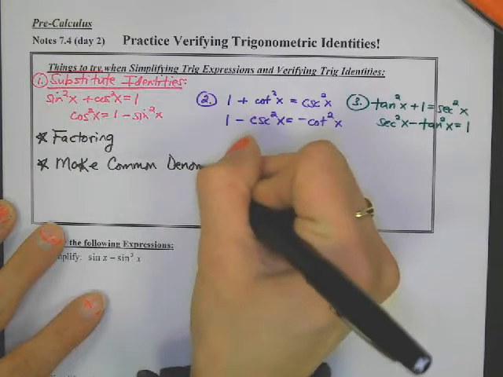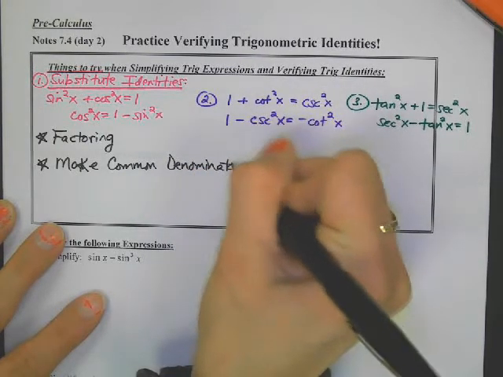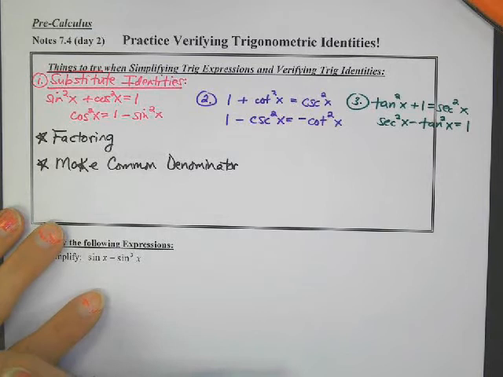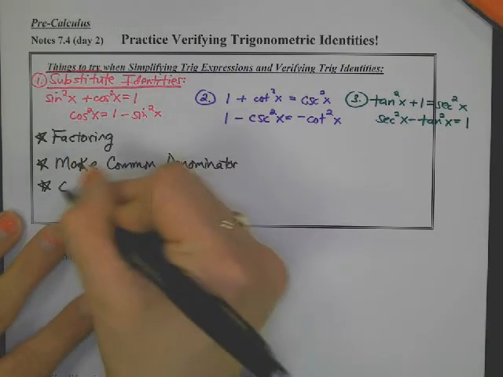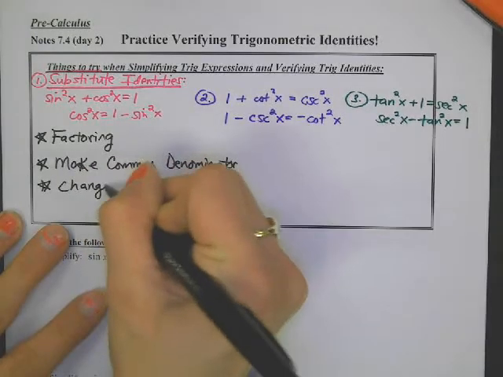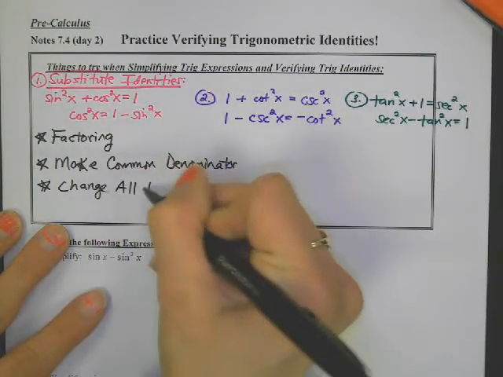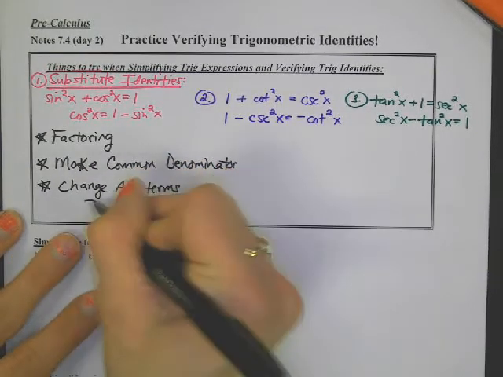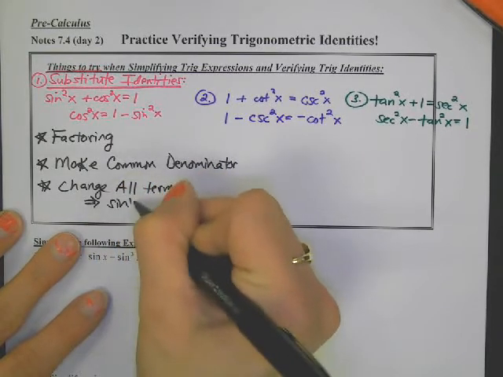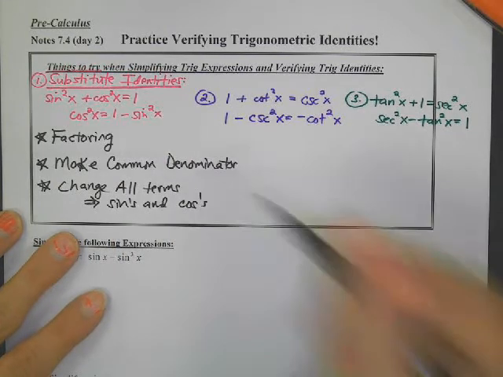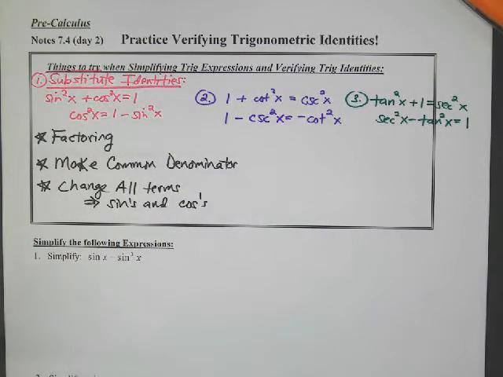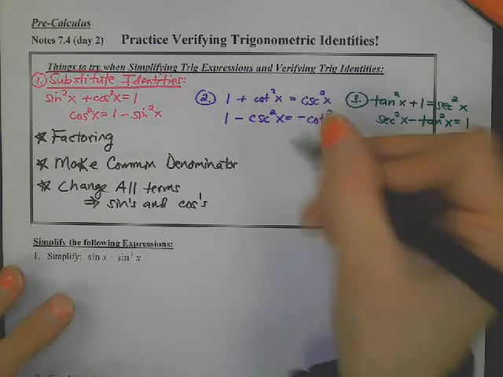That's something you could try, but only if there's fractions, of course. Very, very popular technique: change all terms into sines and cosines. What's nice about that is they all can either go together or cancel out.